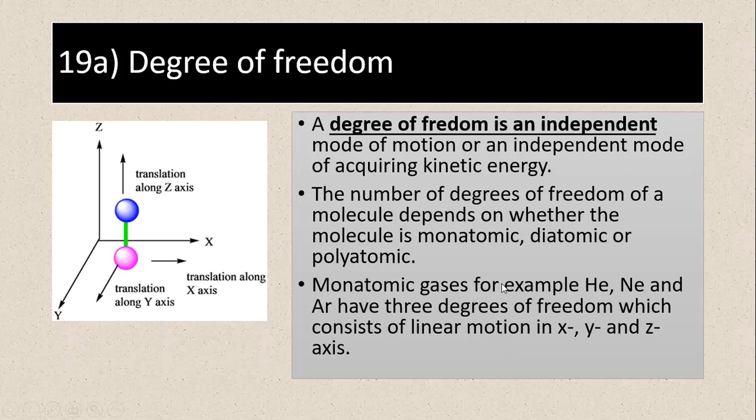Monoatomic gases, for example helium, neon, argon, have 3 degrees of freedom, consisting of X, Y, and Z directions. They can move along any of these 3 axes, so you get 3 degrees of freedom.